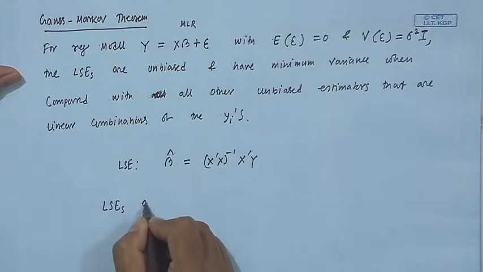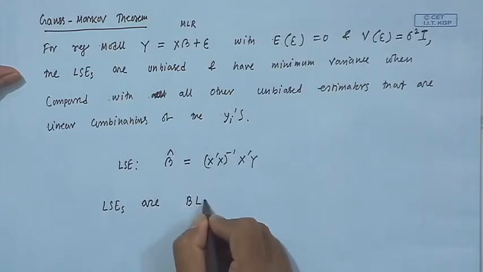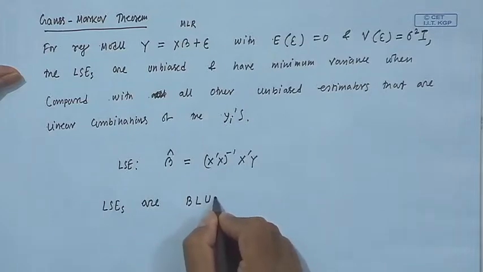So, the estimator obtained by using least square technique is the best among all linear unbiased estimators. These least square estimators are best linear unbiased estimators.